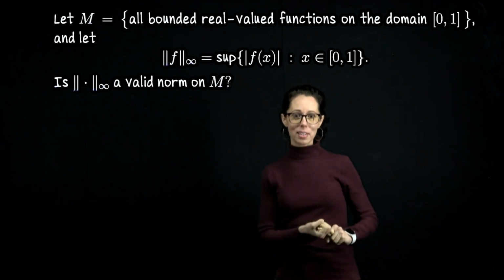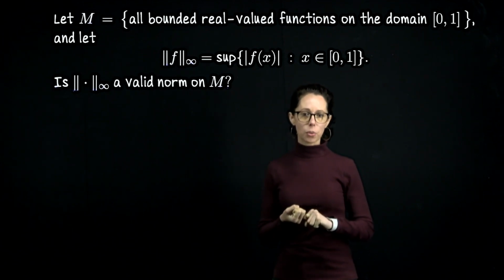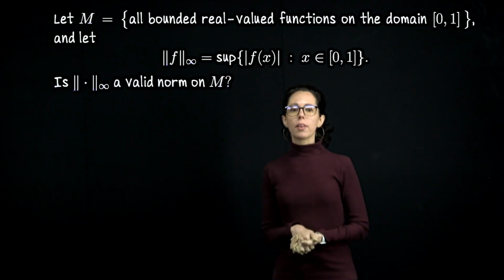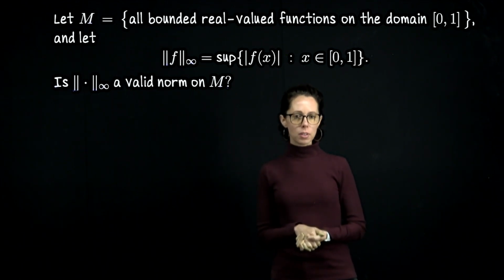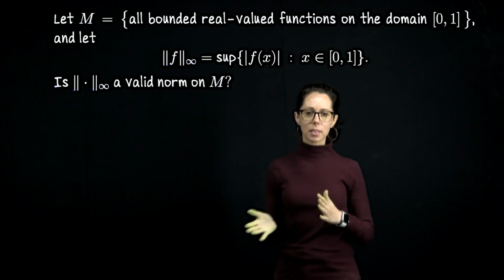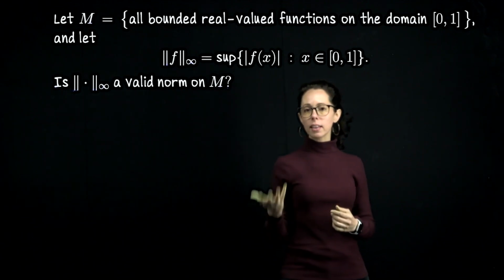I was trying to remember where I put the parentheses in my speaking. The 0 element is in this set, so that's important. We have an origin. That would be the constant function f of x equals 0. And every function has its additive inverse. If the function f is a bounded real valued function on this domain, so is the function negative f, so that f plus negative f is 0. Okay, so the vector addition is nice. Scaling is also nice.